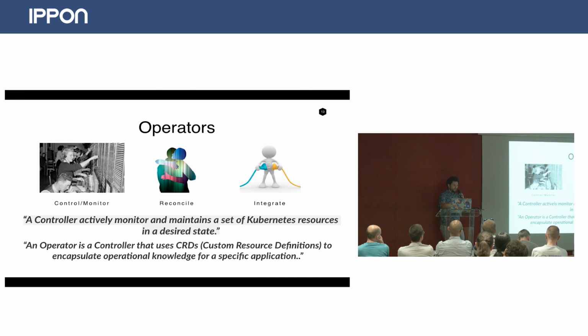In general, operators will control and monitor the state of the cluster. They will wait for some user-defined, declarative state or resources or definitions, and then they go into a reconcile loop, which tries to match the desired state to the current state of the cluster. It keeps looping and looking for changes until the state of the cluster is the one that is desired.